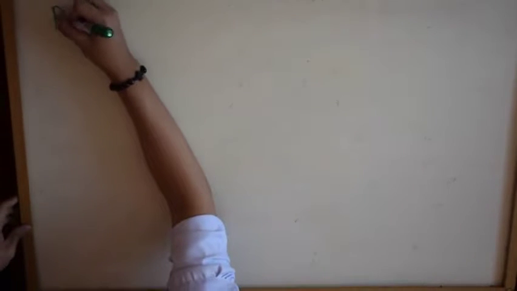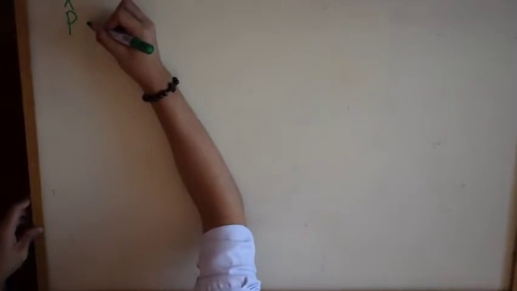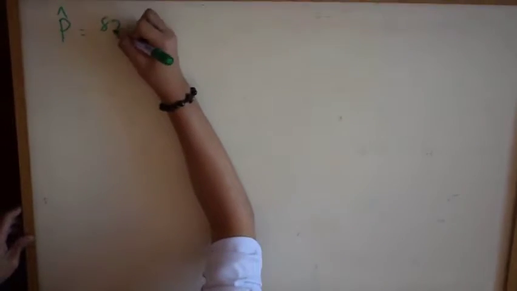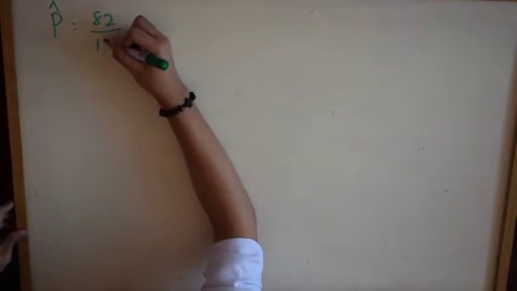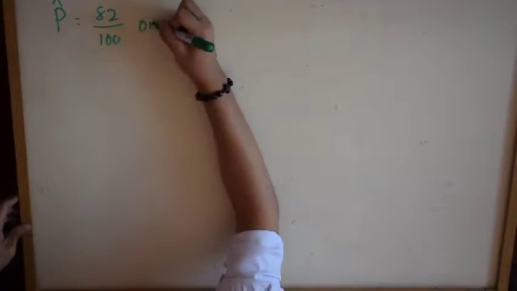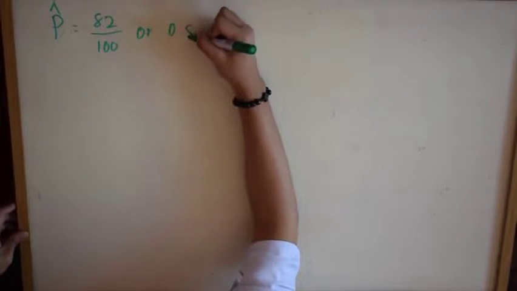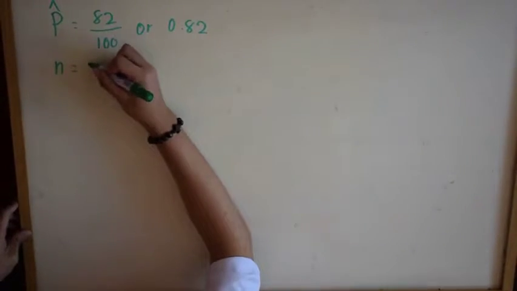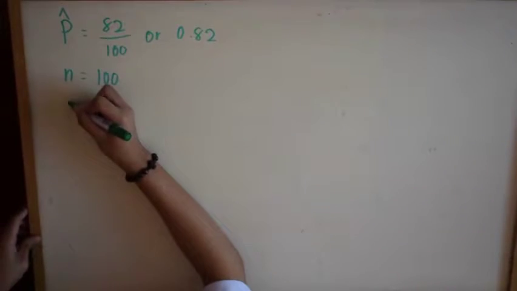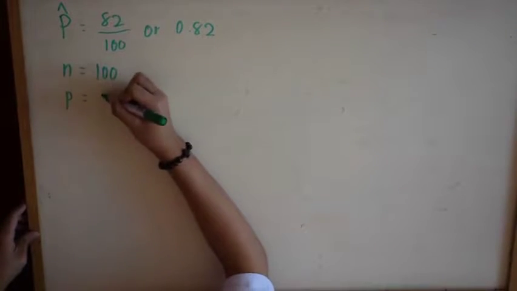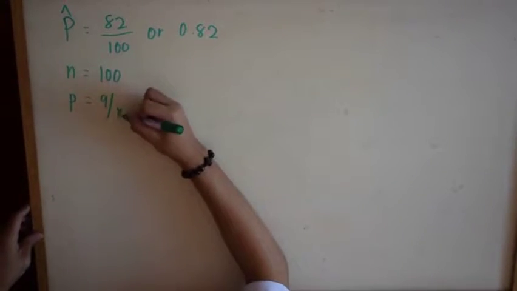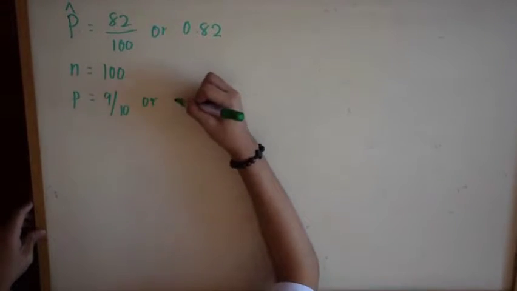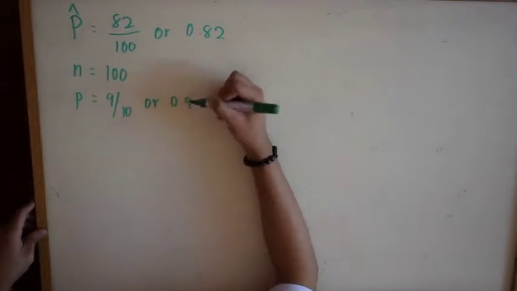So in the problem, we have our given p hat, which is 82 over 100 samples, and it is equal to 0.82 or 82%. Next, we have the sample size of 100 doctors, and then we have the proportion ratio of 9 over 10, or 0.9 or 90%.